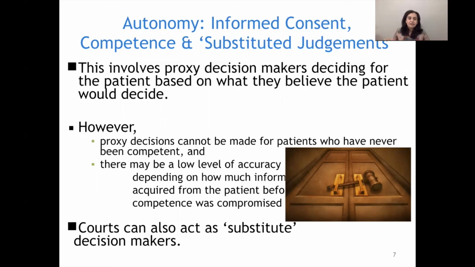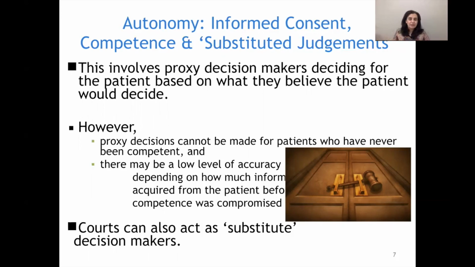So it's next of kin, or it might be the court deciding based on what the person themselves might have said around their wishes before the event, on what the person would have liked to have happened under the circumstances. I guess the difficulty with that is proxy decisions and substituted judgment can't be made for patients who've never had competence, because you don't know, it's never been articulated.